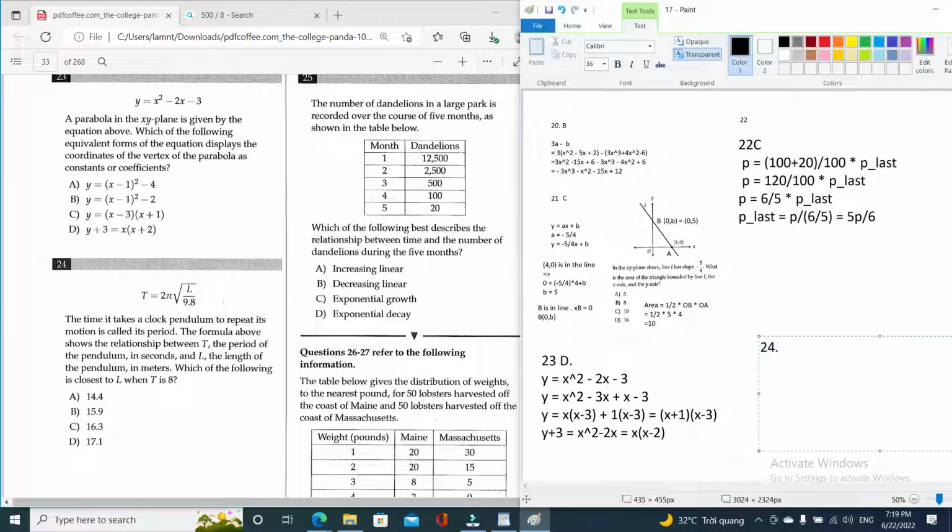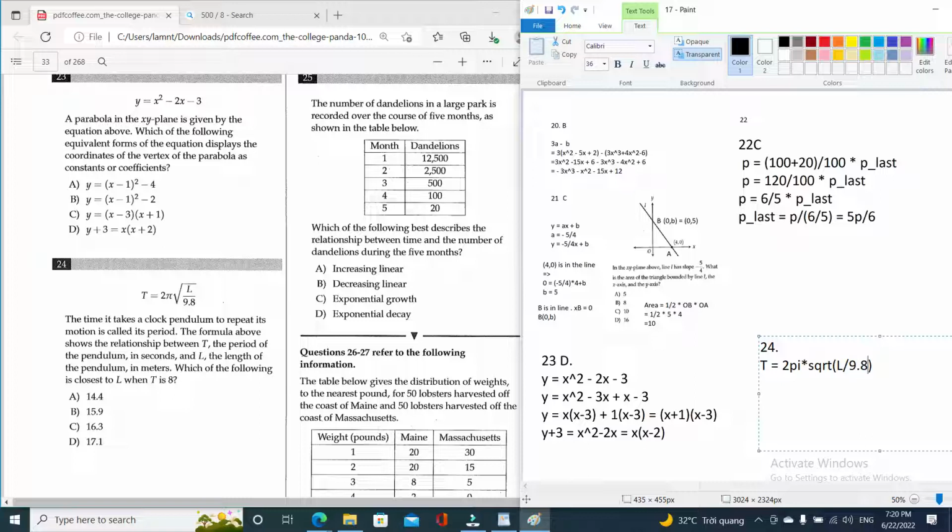So T equals 2 pi times the square root of L over g. This is a pendulum, right? And 9.8 is g, the gravity constant.